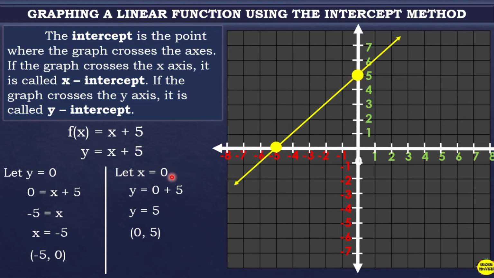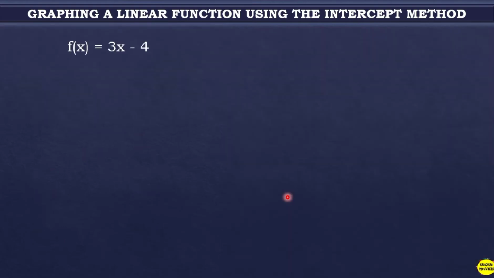So, tatandaan yung dun sa previous slide natin that the graph of a linear function is always a straight line. So kapag kinonect mo yan at hindi yan straight, ibig sabihin that is not a linear function. Okay? So this is how we graph a linear function using the intercept method. Another example. Okay, so I have here f of x is equal to 3x minus 4.